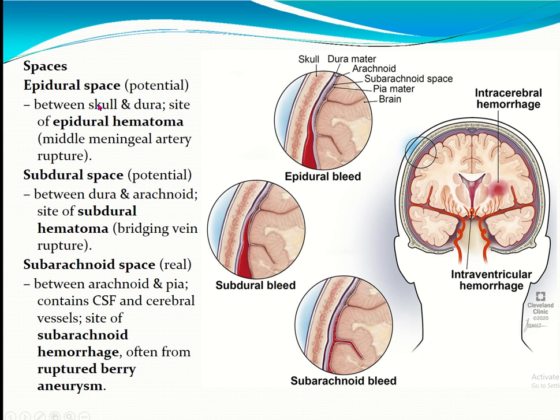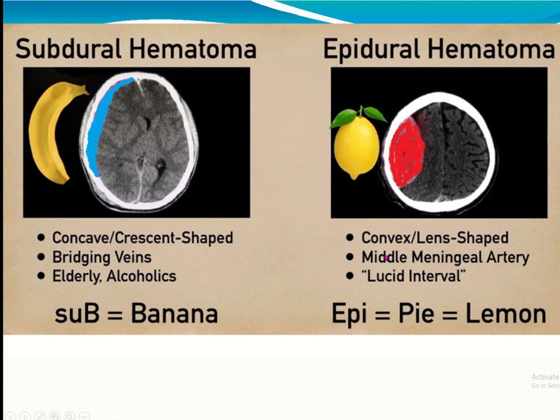Spaces: epidural space, subdural space, subarachnoid space. The epidural space is situated in between the bone and the periosteal dura, and this is the subdural space, present under the dura mater, and the subarachnoid space is in between arachnoid mater and pia mater, and this is intracerebral hemorrhage.